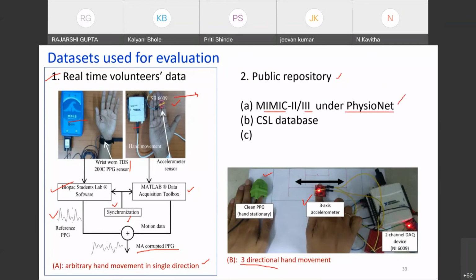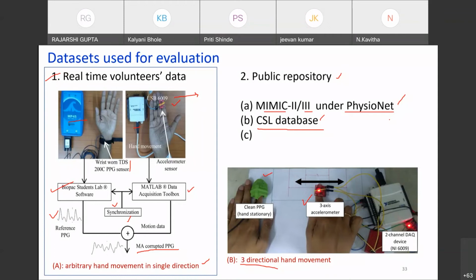And if you want to use public repositories, then MIMIC-2 or MIMIC-3 data under PhysioNet, I think many of you are very familiar with this PhysioNet data. www.physionet.org, that is the website, and Complex Systems Laboratory dataset, that is another dataset that is available. So from these dataset repositories, we can also collect many data. And if you follow there in the website, I think some open data is available on signal processing, the IEEE Signal Processing Cup from the year 2001, I think, till now.